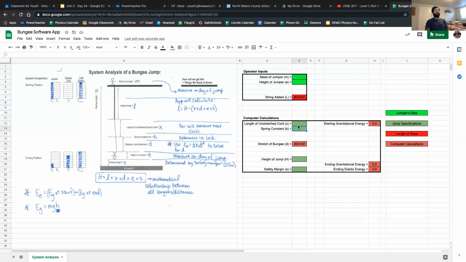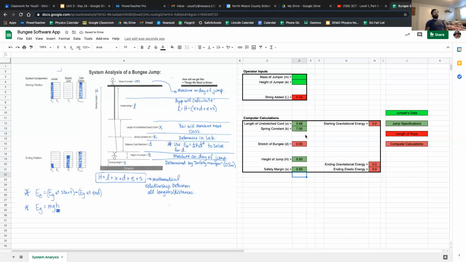But watch this. Now let's use some of your data that you've got. Okay, so let's say the unstretched length of bungee cord is 0.675 and your spring constant is 7 newtons per meter. Uh-oh, now things are changing. Let's say the height of the jump is 5.5 meters and we know that our safety margin is 0.5 meters above the ground.